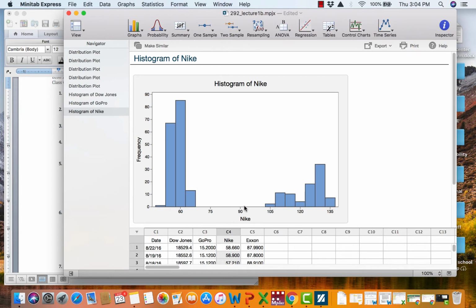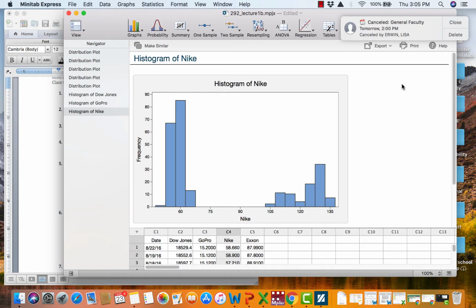All right, if you have not taken finance yet or know much about statistics, what happened here is that the stock price was up here around 120 and it split down to $60. So what does that mean? It means that one share at $120 became two shares at $60. All right, so that is what has happened here to Nike.